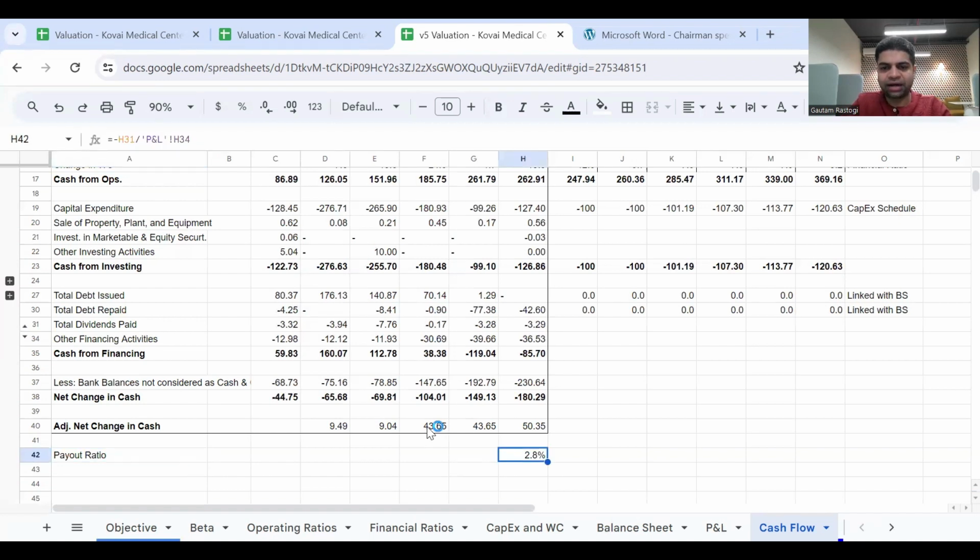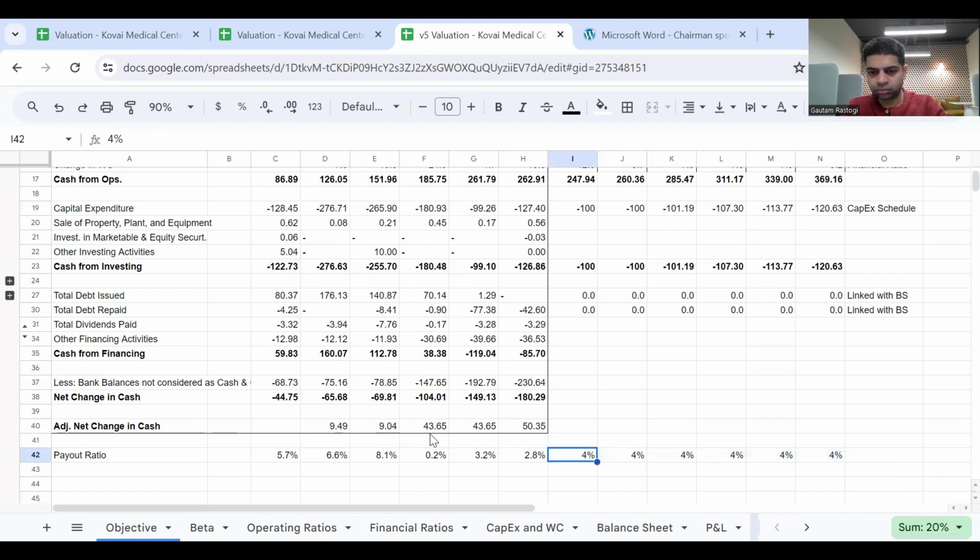Let's drag it. Now I'm assuming that it would be 4% in the out years. In fact, everything needs to be double decimal.